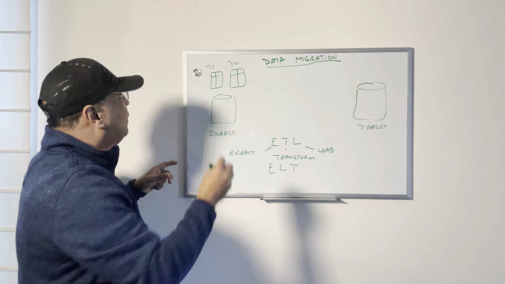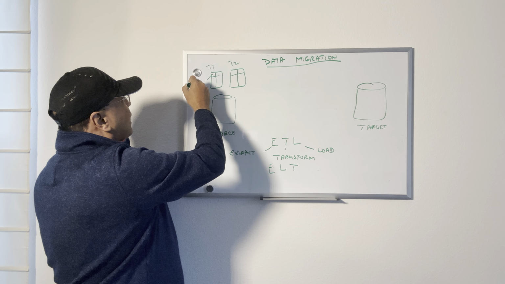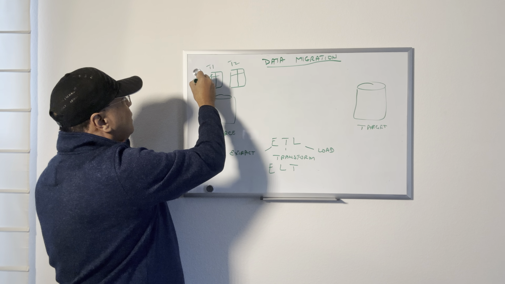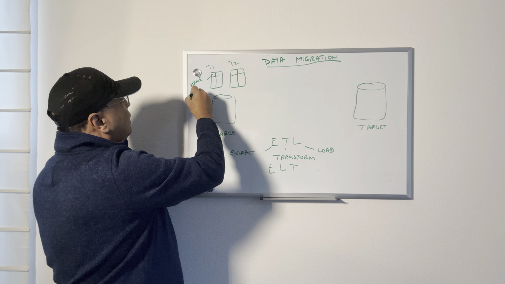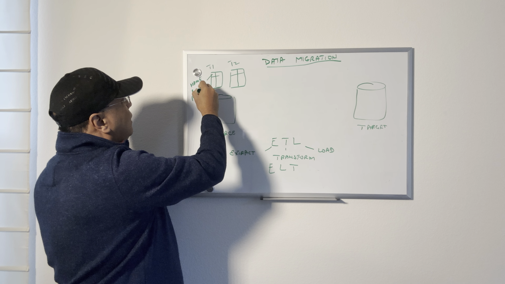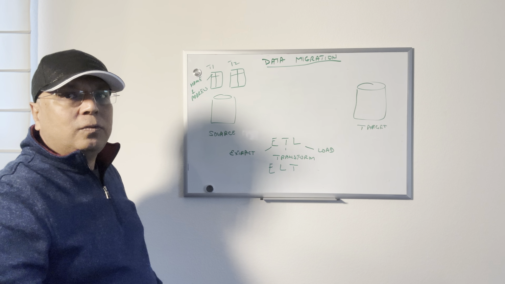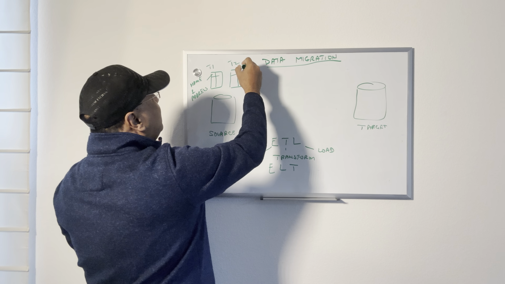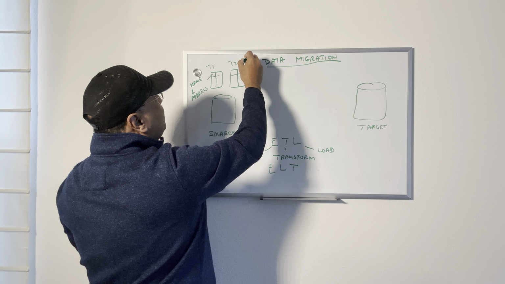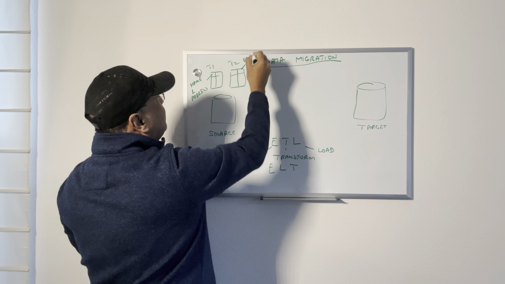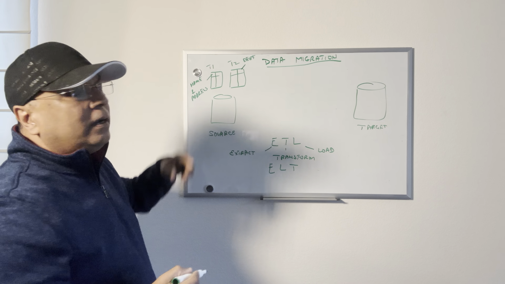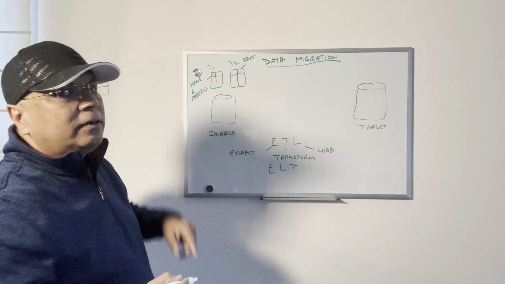So the table one, I'm just going to call it name and address. And table two, I'm going to call as the department details where you're working. So name and address of the individual and the department.